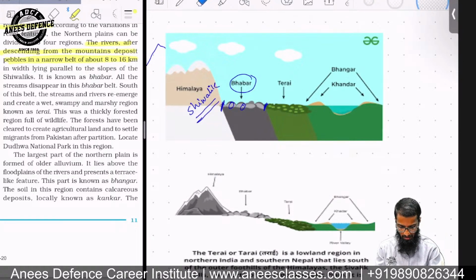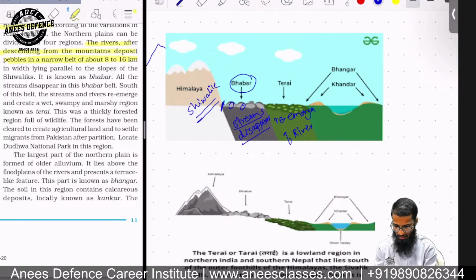Here you will have re-emergence of the rivers. Here streams disappear. Understand this well.